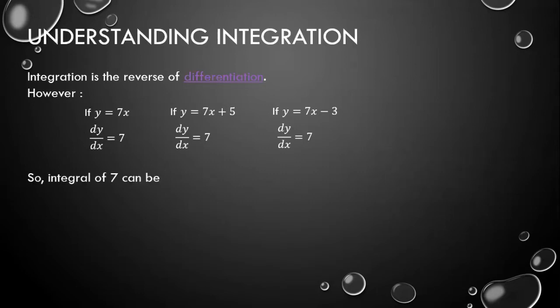So the integral of 7 can be y equals 7x, y equals 7x plus 5, or y equals 7x minus 3.